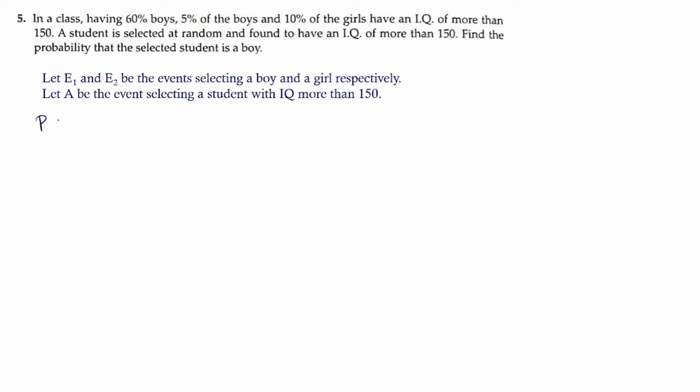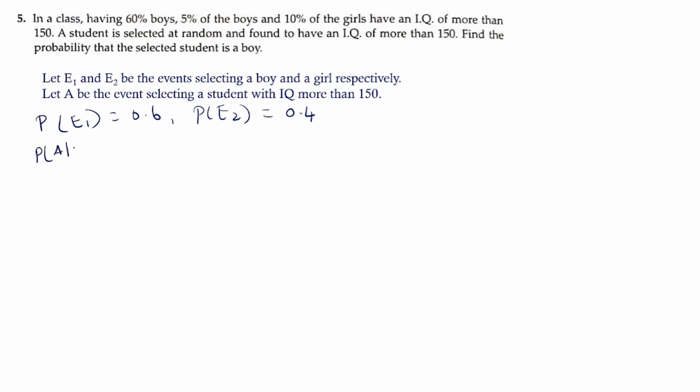So here a class has 60% boys. So probability of E1 will be 0.6, and probability of E2, selecting a girl, is 0.4 as the remaining 40% are girls.